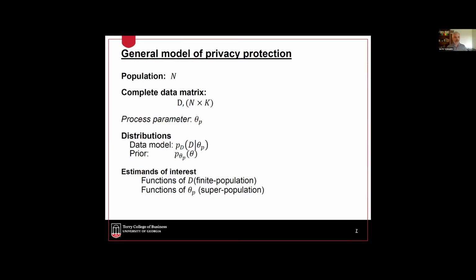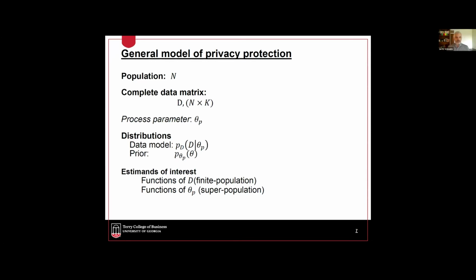So we'll ignore for the moment questions of sampling and missing data. So the statistical agency is in possession of the complete data matrix D. And as researchers, we might think that there is some data generating process which we could specify in terms of a data model parameterized by this thing we call the process parameter theta p. And we might have a prior over that.